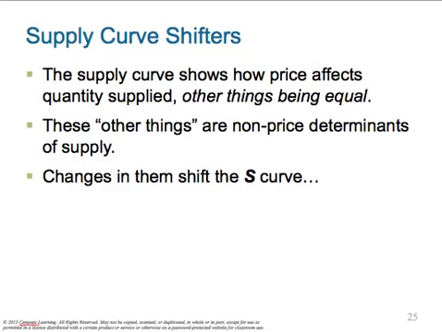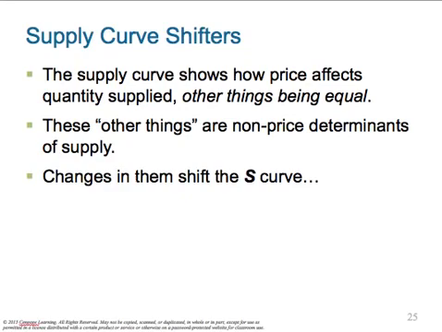Now, the supply curve can shift as well. The supply curve shows how price affects quantity supplied, all other things being equal. Again, the Latin word for that is ceteris paribus, or you can see it abbreviated CP sometimes in other economics courses if you go on to take more. These quote-unquote other things are non-price determinants of supply. Changes in them, those other things, shift the supply curve.